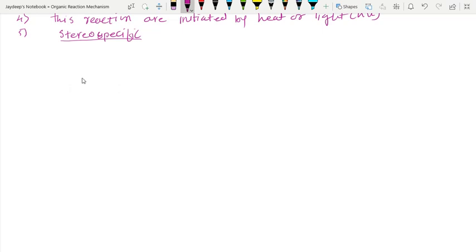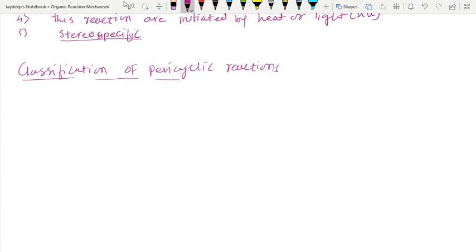So the first one is electrocyclic reactions. Second one is cycloaddition reactions.